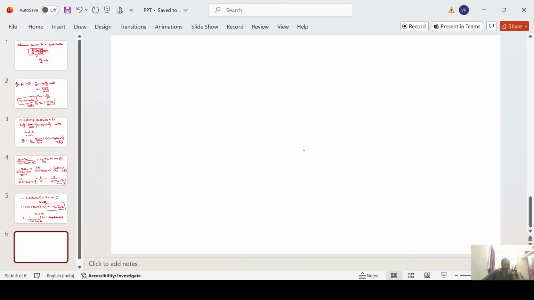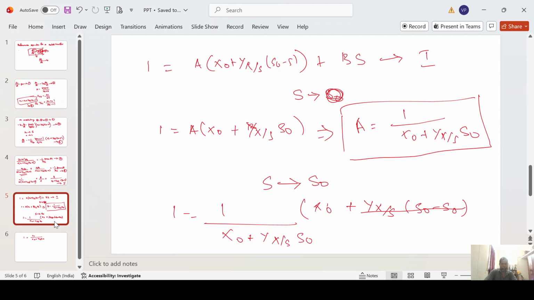Then we can simplify the model. 1 is equal to x naught whole divided by x naught plus yx by s of s naught. Let us check again. Yes, 1 is equal to x naught plus yx by s of s naught.